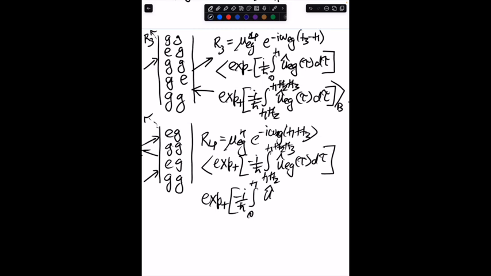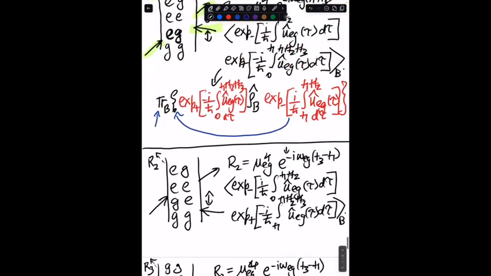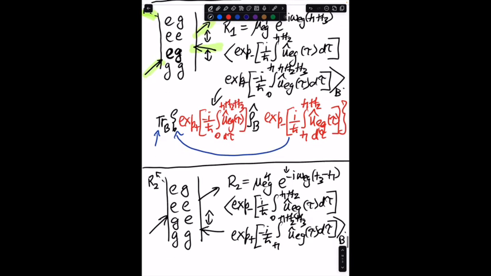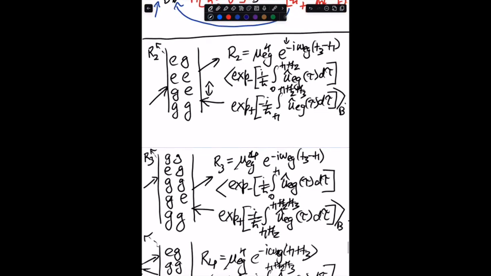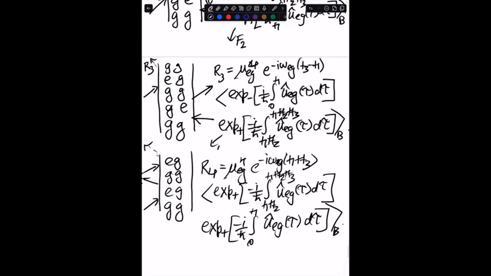So I hope R1 to R4 and the corresponding dephasing functions F1, F2, F3, and F4 are clear. In the next class, we will derive F1, F2, F3, and F4 further under the second cumulant approximation.